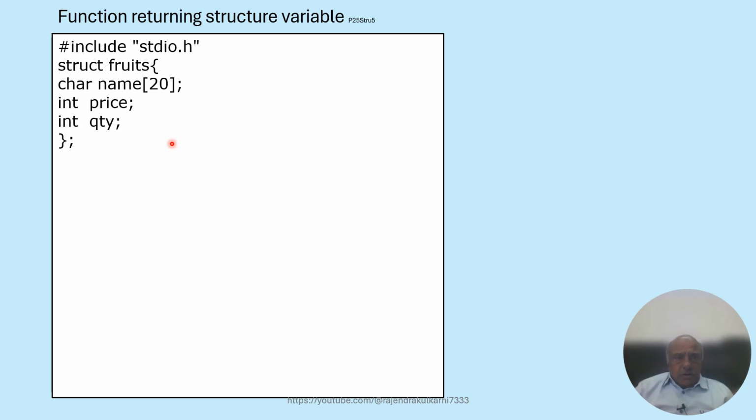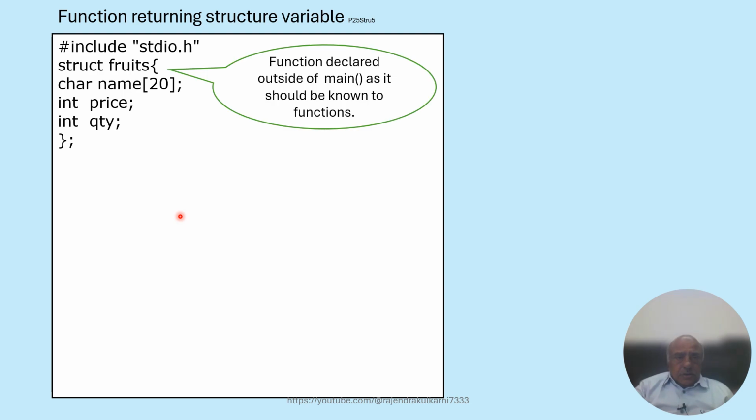So again, we have declared a structure called struct fruits, having 3 individual variables as its elements. This again we have declared outside of main, as it should be known to the functions which we are going to use in this program. Then we have declared a function init, whose return type is struct fruits.